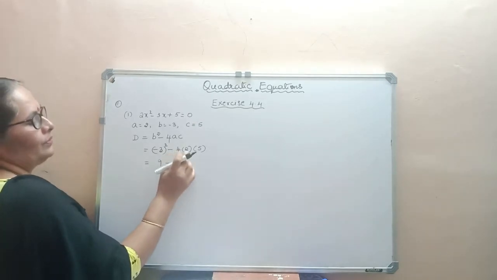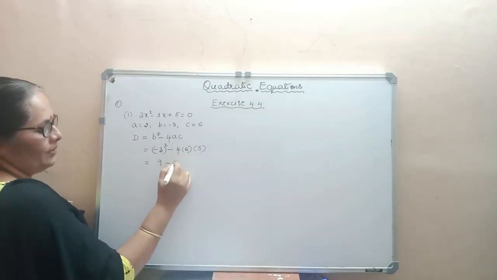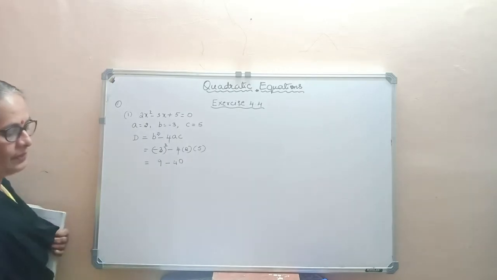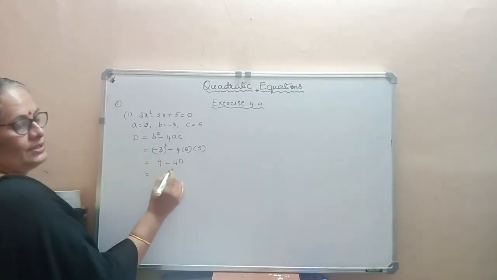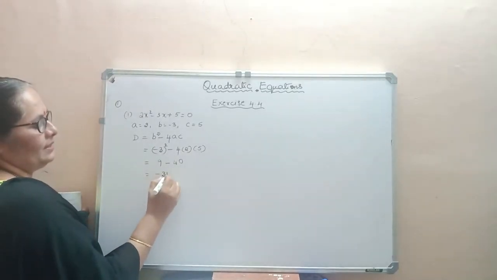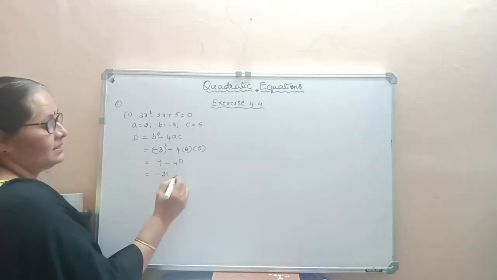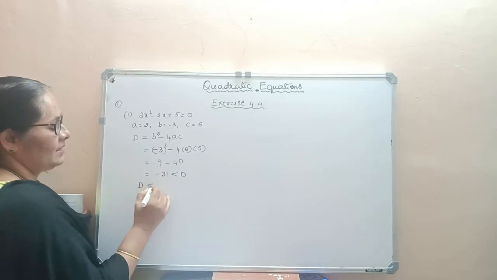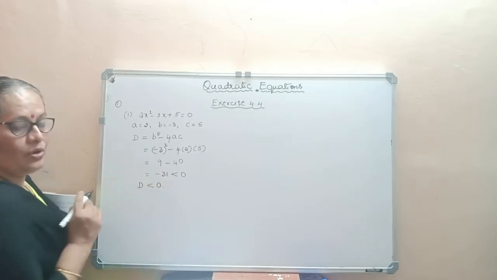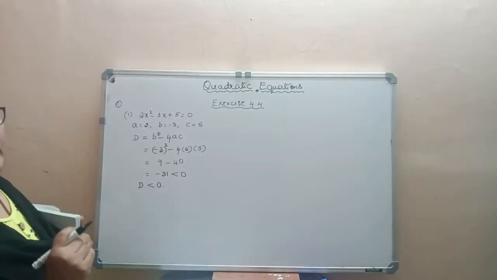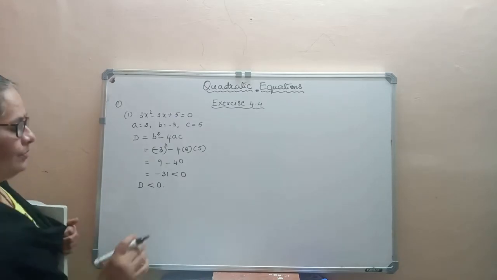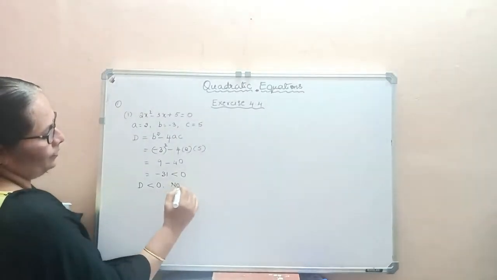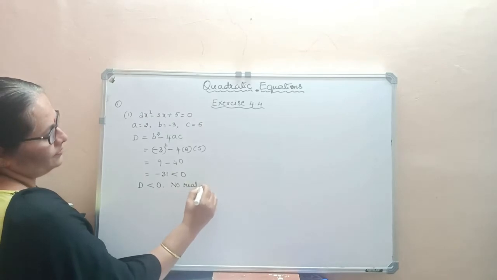Then 4 times 2 is 8, 8 times 5 is 40. So which is minus 31. Minus 31 is less than 0. That is, discriminant is less than 0. Then what is the nature of its roots? No real roots.